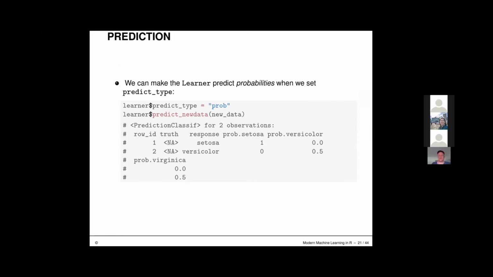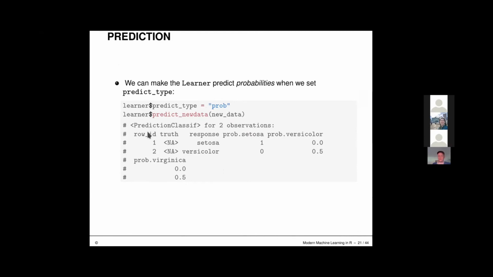We can also say that the learner should predict not only the labels but also probabilities. So to do this, we just set the field predict_type to prob for probabilities, and then if we call the predict_newdata method again from the learner, we again get a prediction object, but now we have additional information in here.